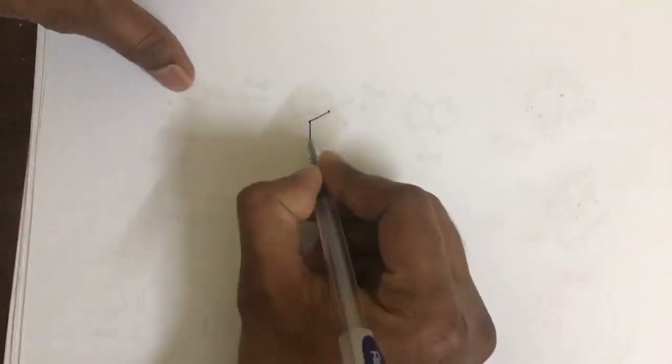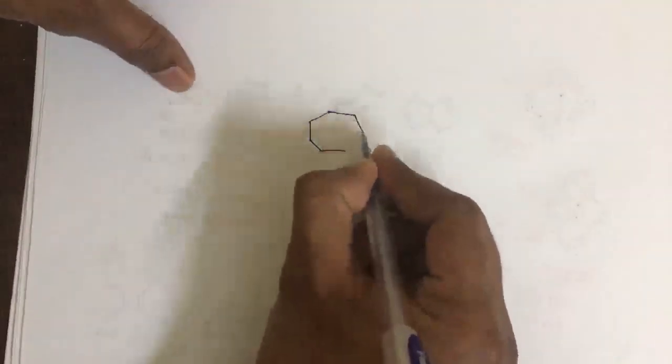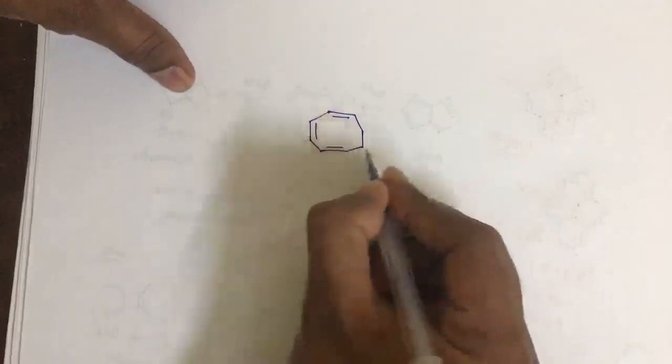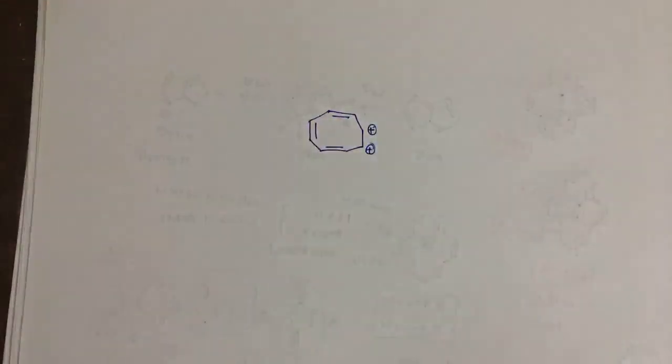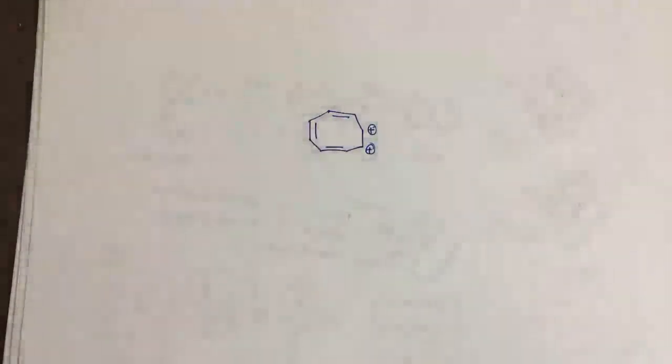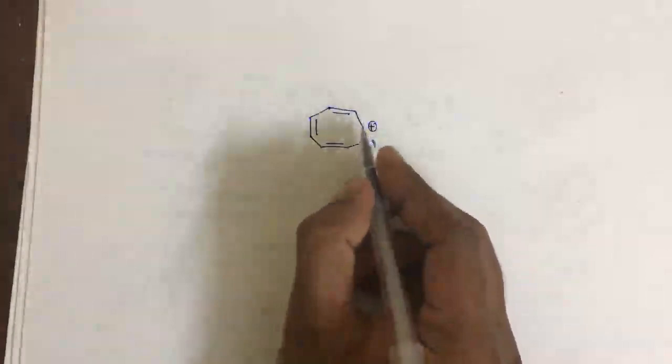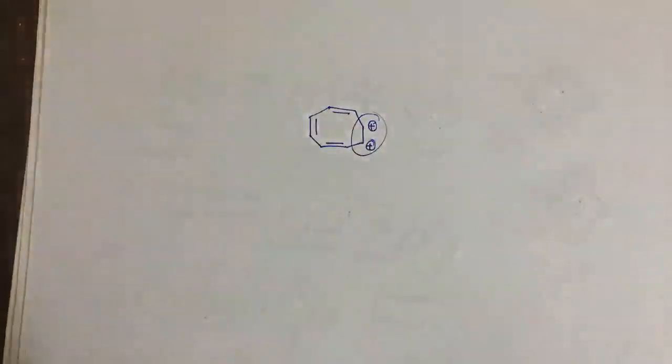And what is homoaromatic? Take an 8-member ring. If you take this one, this will be homoaromatic. Homoaromatic means the delocalization is disturbed by an sp3 carbon atom, that's it.